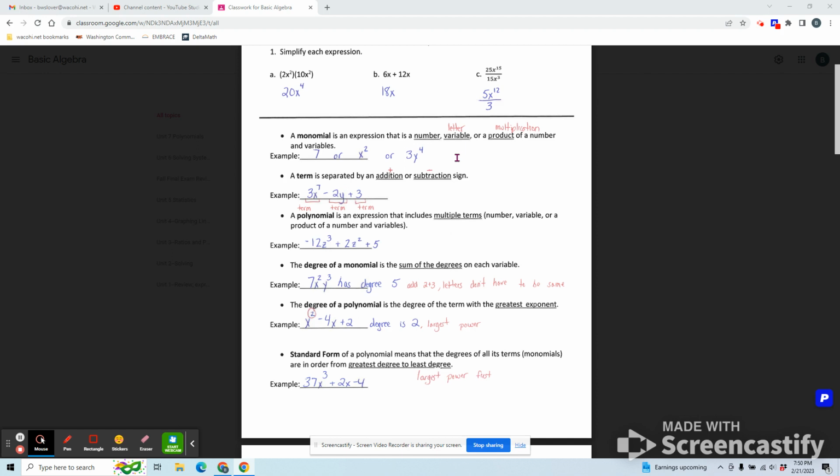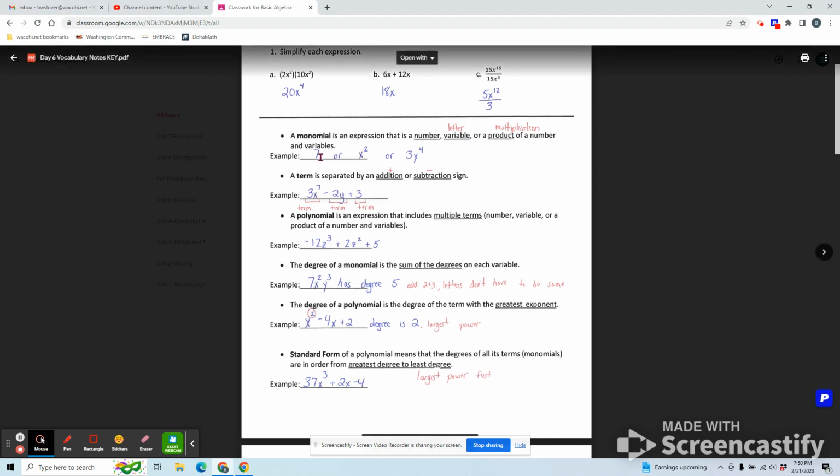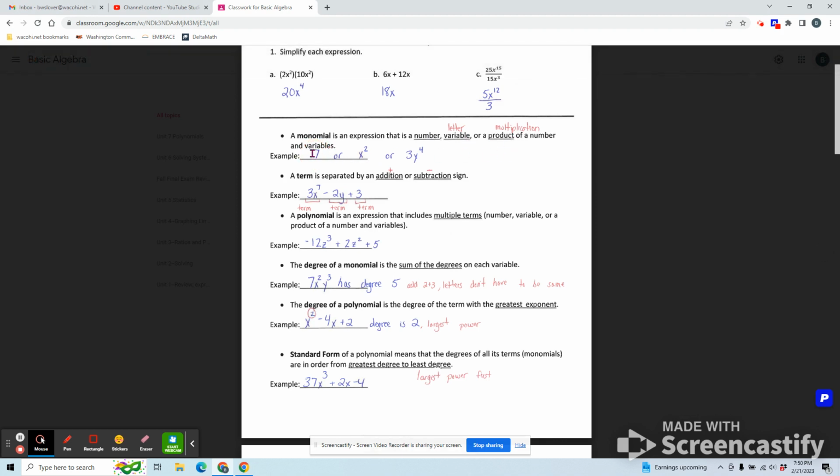A monomial is an expression that is a number, variable, or a product of a number and variables. So I came up with 3 different examples to illustrate all 3 of these that are underlined. A number, exactly what it says, which is just a number. A variable, or a letter. I chose x squared. It could be any letter of the alphabet.